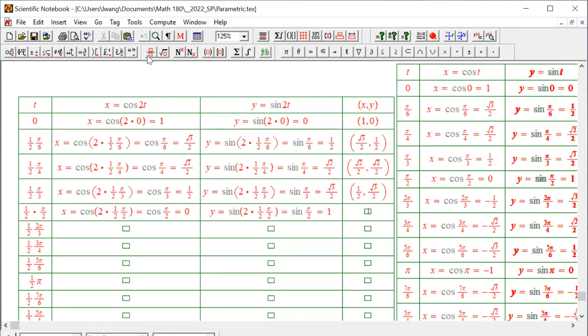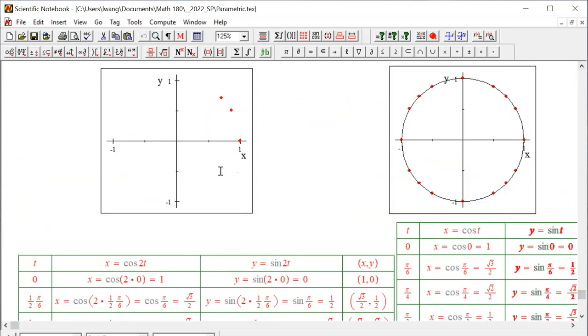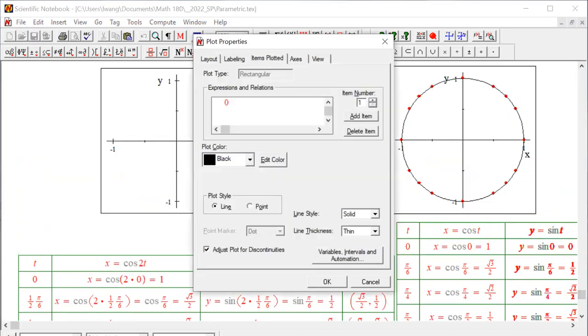So that point is 0, 1, and this point is going to be right there.